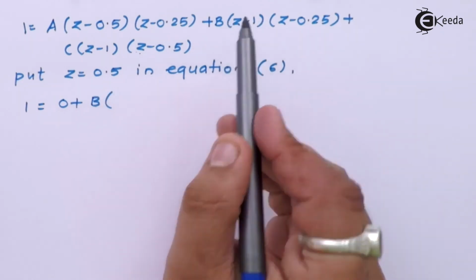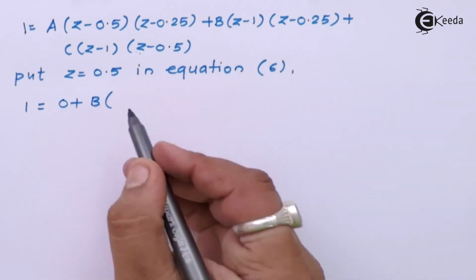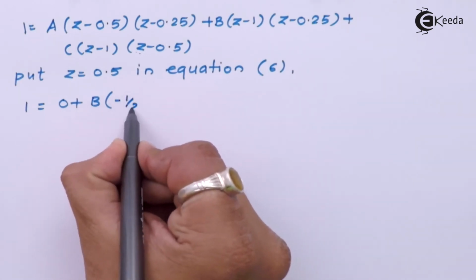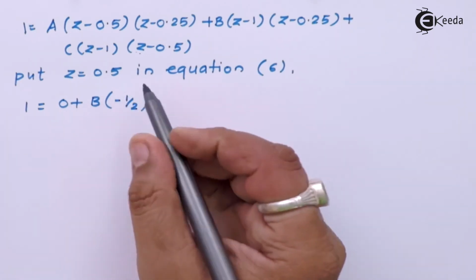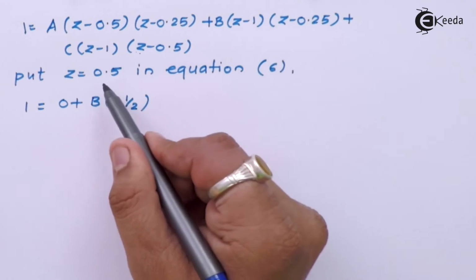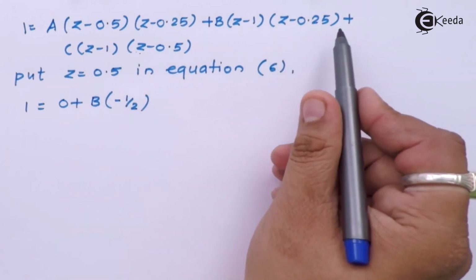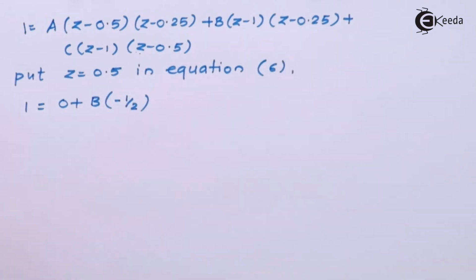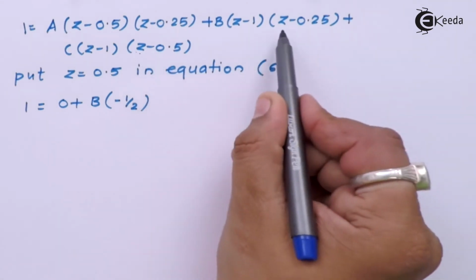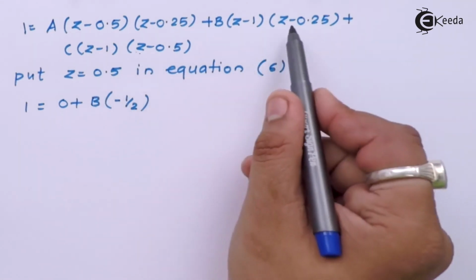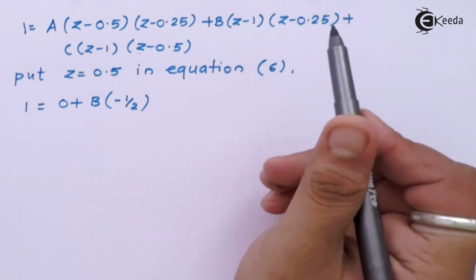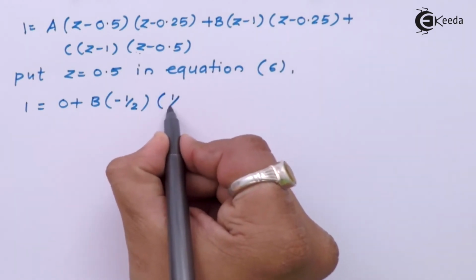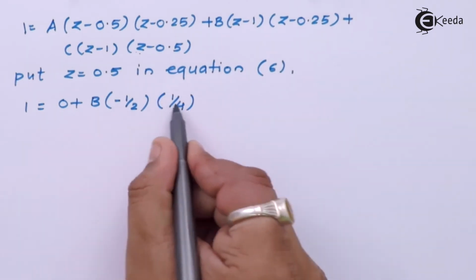Now look at here, 0.5 minus 1, answer is minus 0.5, so you can write minus half also. Similarly, if this z is replaced by 0.5, then 0.5 minus 0.25, answer is 0.25, and that we can write in terms of 1 by 4 also.